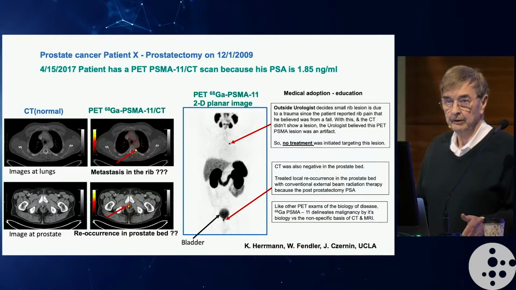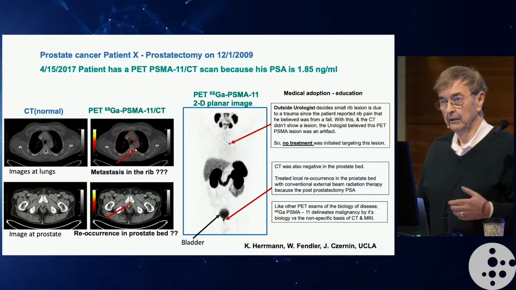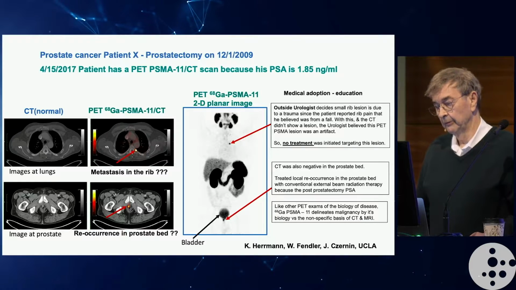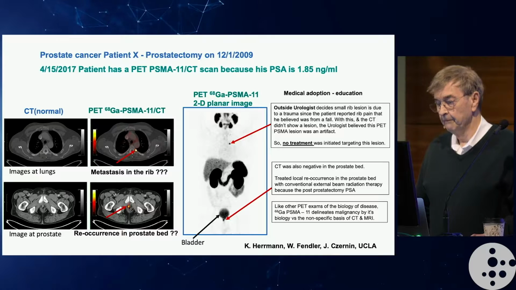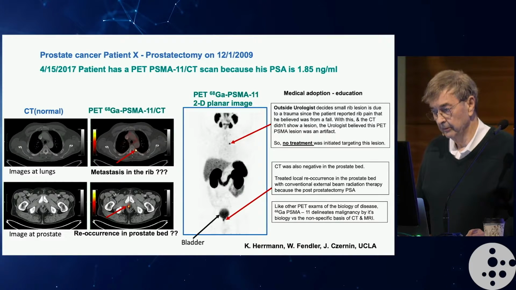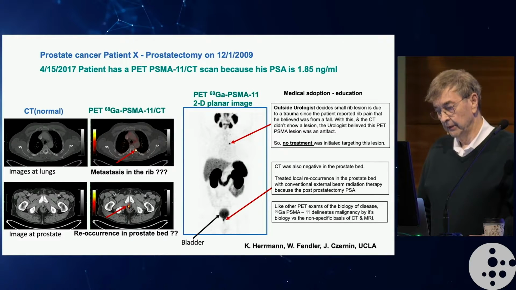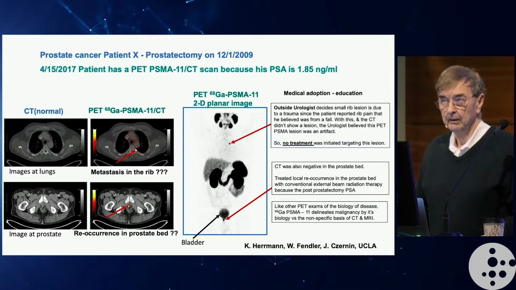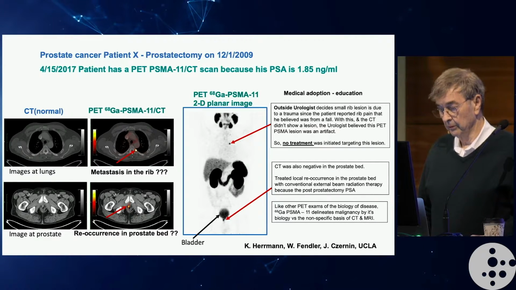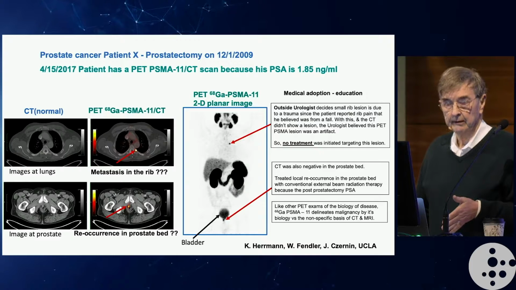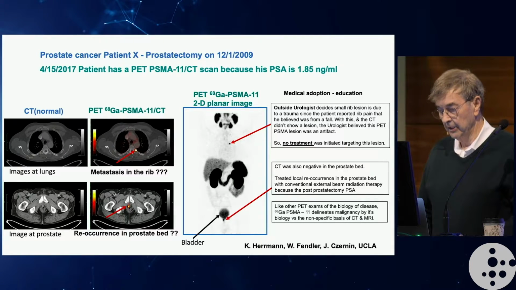Now, the patient also did report that he fell and had rib pain. So between that and the normal CT, he decided not to treat the rib lesion. He did treat the lesion in the prostate bed, even though the CT was also normal there, but he had a prostatectomy and recurring PSA.